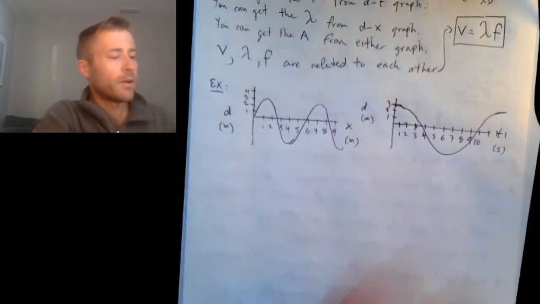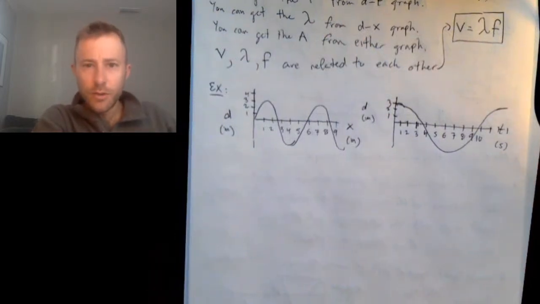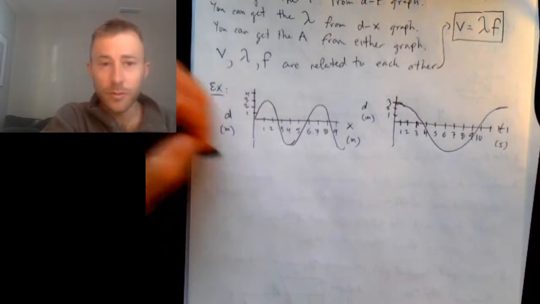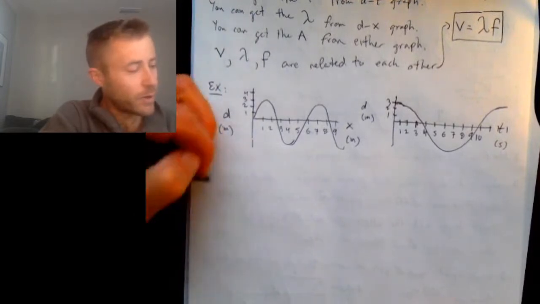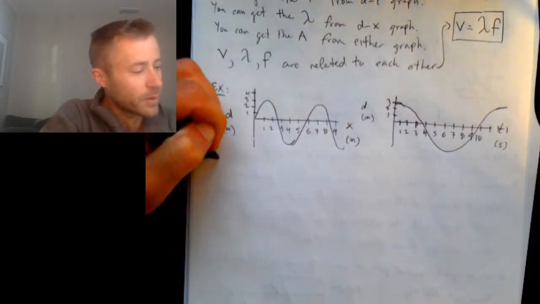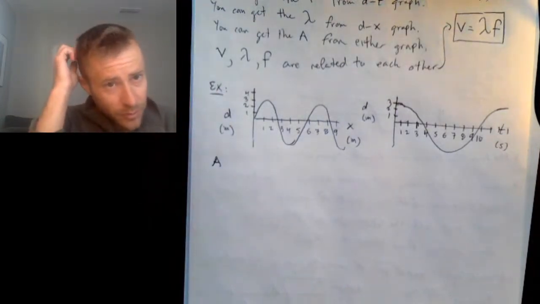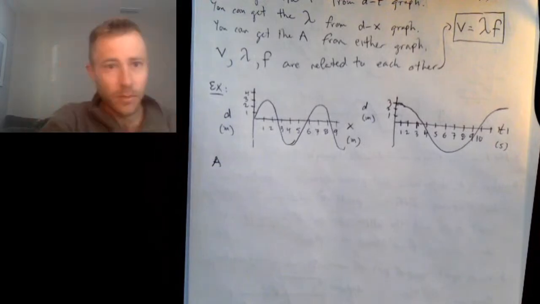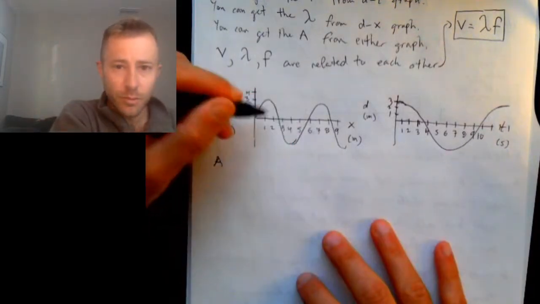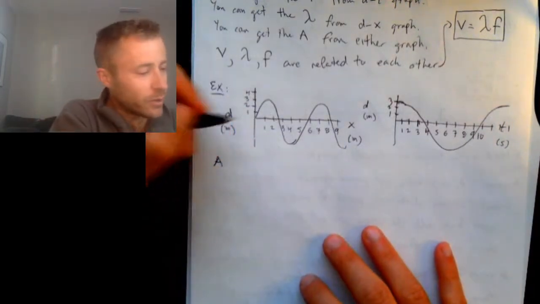Okay, so we have these two graphs, and now let's go ahead and figure out some different things about this wave. So first of all, what is the amplitude? Well, the amplitude is the distance from the center line of the wave to the peak. And I can use either graph to do that.